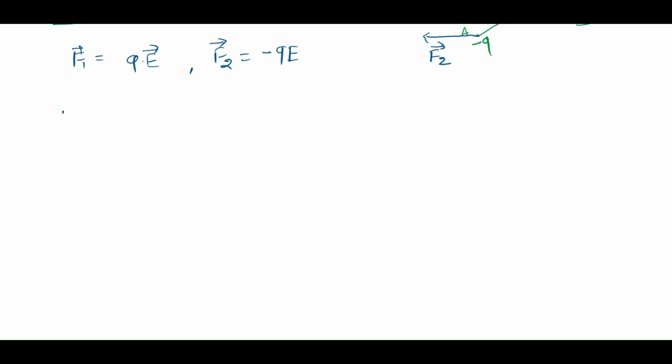So the torque tau 1 for force F1 about point O. So we are calculating the torque of F1 about point O. So what is that torque? So tau 1 will be given by r cross F1.